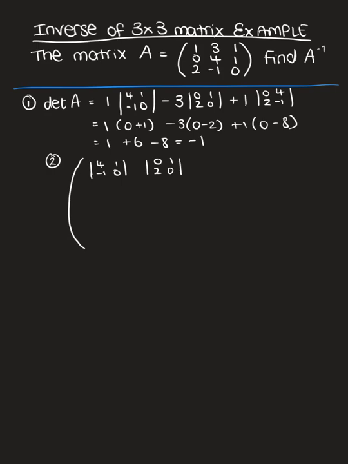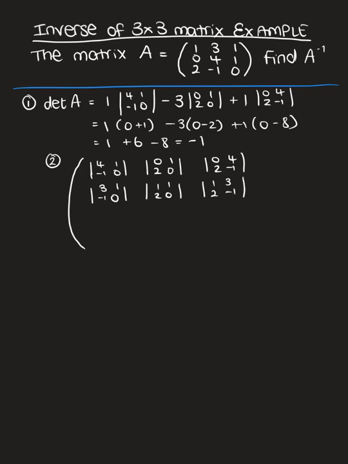So that's going to be my top row when I work out those values. The next row, if you imagine taking out that row and column, is going to be 3, 1, minus 1, 0, isn't it? And the next one's going to be the determinant of 1, 1, 2, 0. Next one's going to be 1, 3, 2, minus 1.